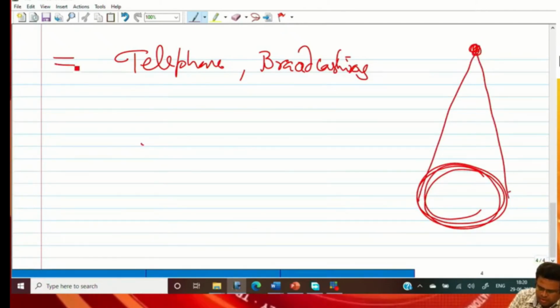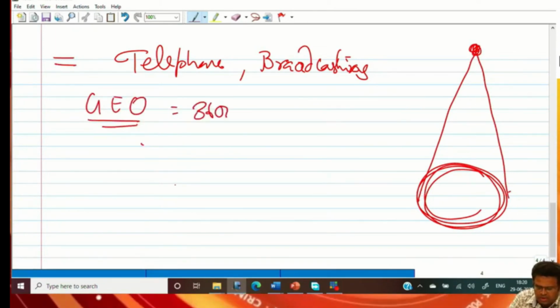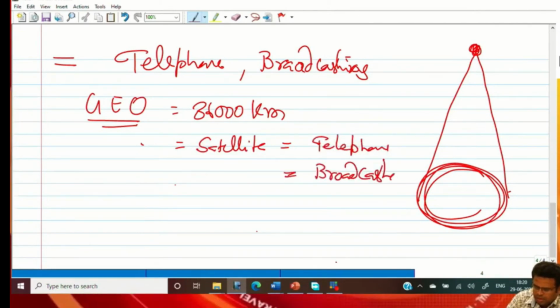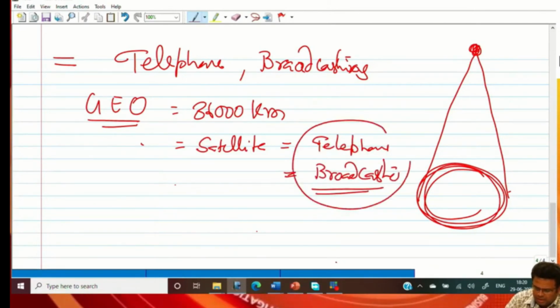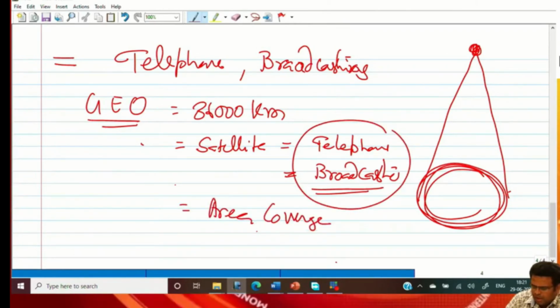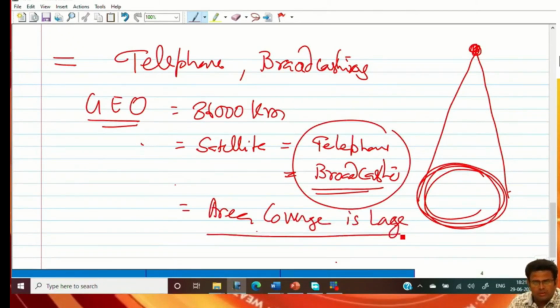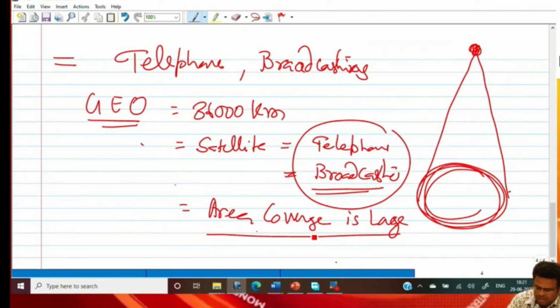So, in the geosynchronous earth orbit, or better to say at the height of 36,000 kilometers, our satellite should be for telephone, broadcasting, etc. So that area coverage is, I am just giving you, step by step, from a very small to a large idea, the basic foundation, so that it is the area covered by this one.